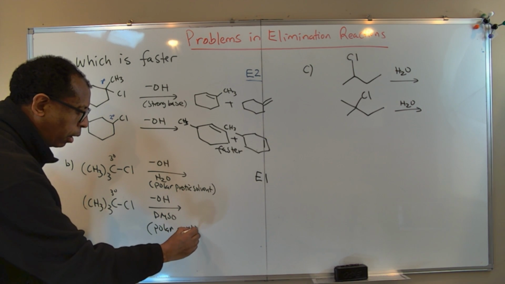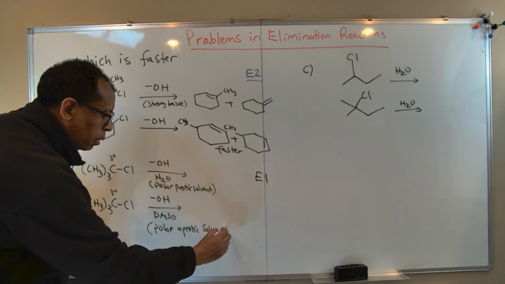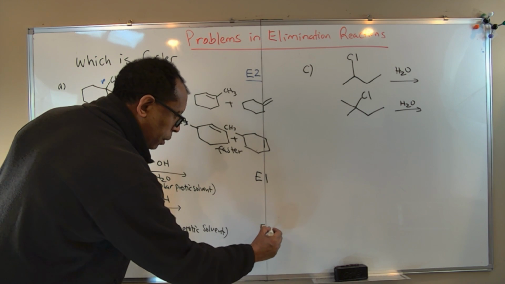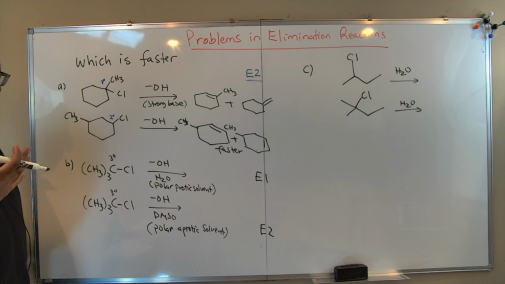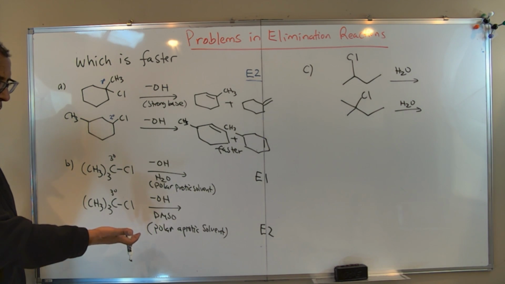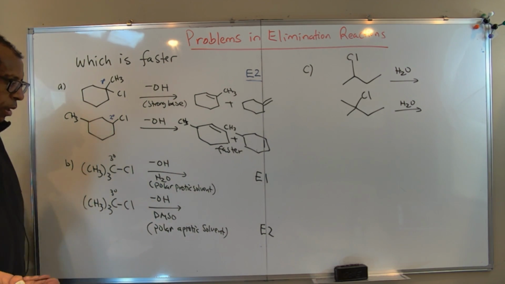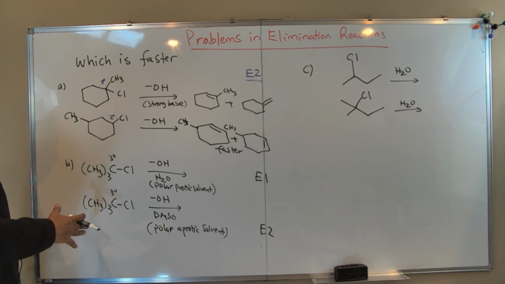So no proton on it. In a polar aprotic solvent, the E2 mechanism is favored. But if you just see the reaction conditions we were given, one is for E1, one is for E2 type. But you should also examine what the substrates are.